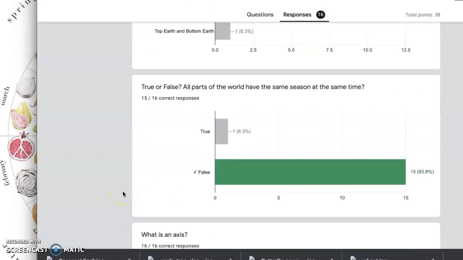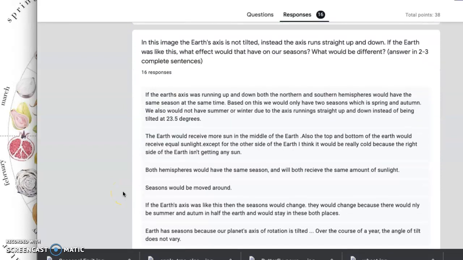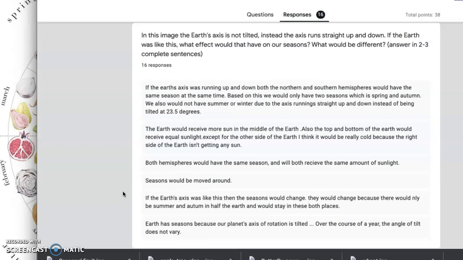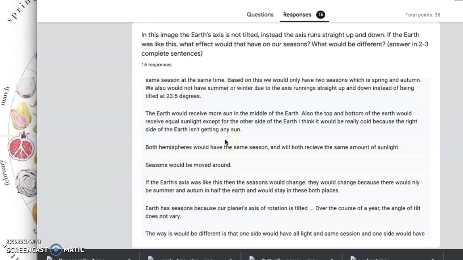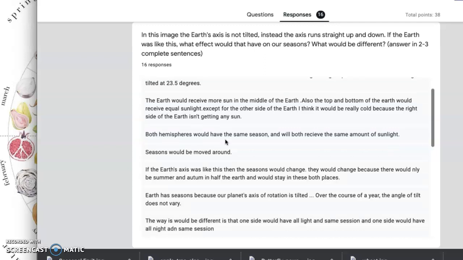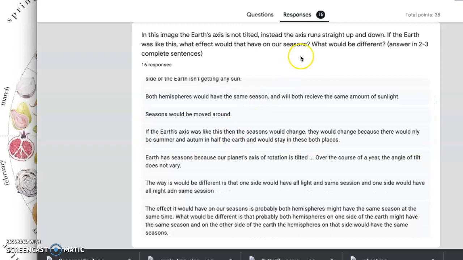Most of your responses were pretty well thought out. Most of you said that both sides of the Earth would receive even amounts of sunlight. There would be no seasons, or only one season, which is a pretty good guess.